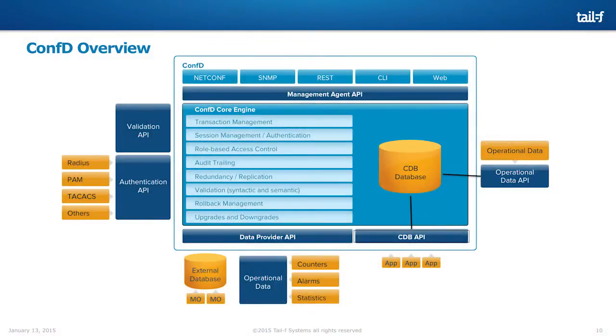Authentication can be done internally by ConfD, or it can be done externally. For external authentication, ConfD has out-of-the-box integration with Linux PAM, or Pluggable Authentication Modules, a standard authentication architecture in the Linux operating system. We also provide an external authentication API that you can use to access other types of external authentication.